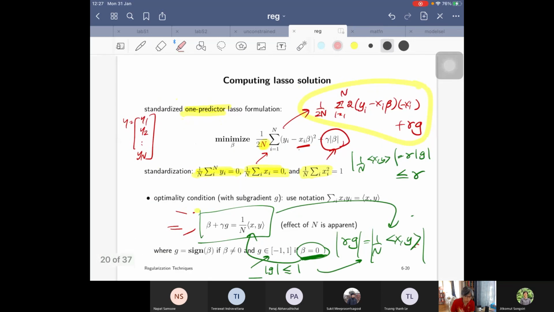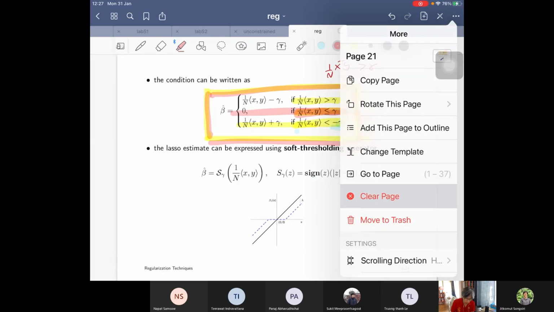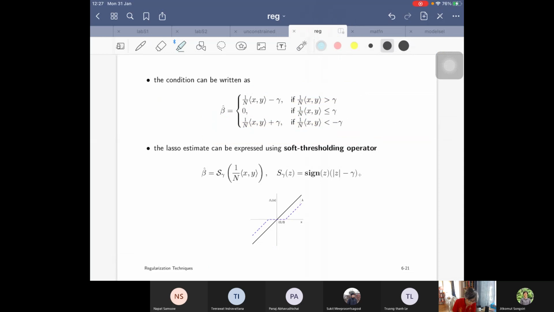So in conclusion, for one predictor Lasso formulation, with this representation, the solution is in closed form. And if you look at the closed form solution, and particularly the second case, it would mean that when you compute this inner product between x and y, is this kind of a correlation between predictor and the response?